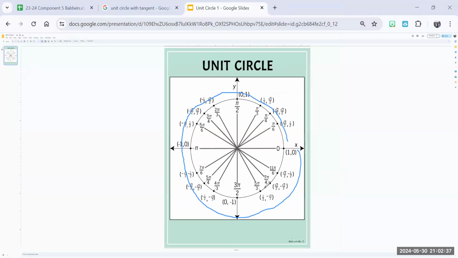So if we're talking about 7 pi over 4 and this is 2 pi, that means that this is 8 pi over 4, because that's how we would get 2 pi. So then this one here would be 9 pi over 4, 10 pi over 4, 11 pi over 4, 12 pi over 4, 13 pi over 4, 14 pi over 4, 15 pi over 4. So it would be 15 pi over 4. All right, so that's how we figured that out.